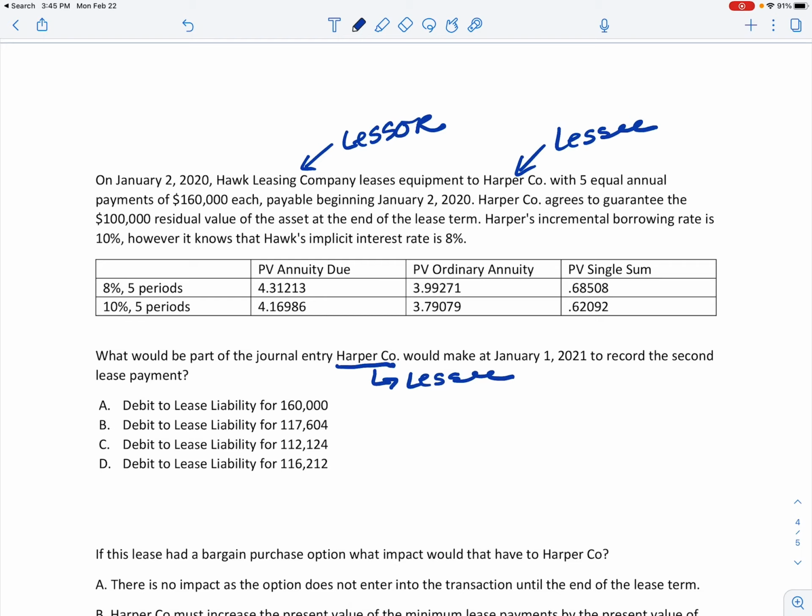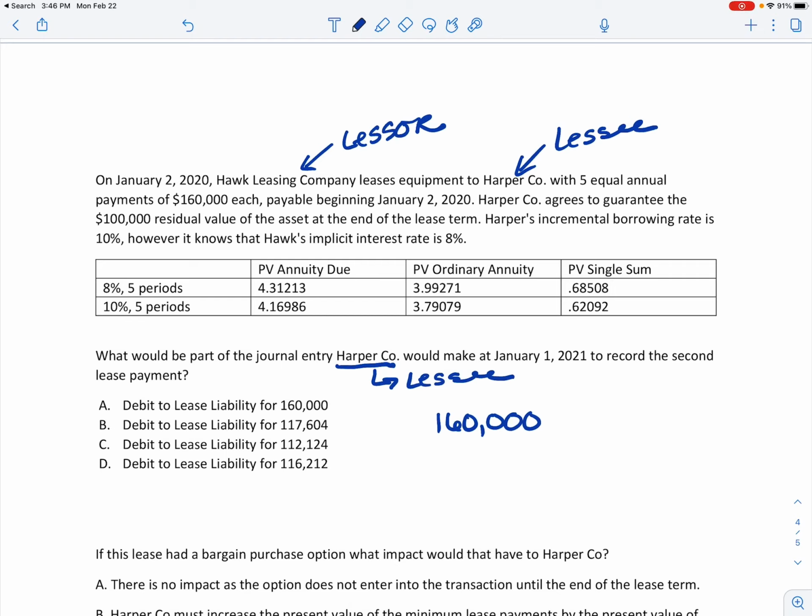The first thing that we have to do is figure out what our present value is, right? Because that's what we recorded that lease liability to begin with. So to do that, we're going to take our annual payments and find a factor to multiply that by.